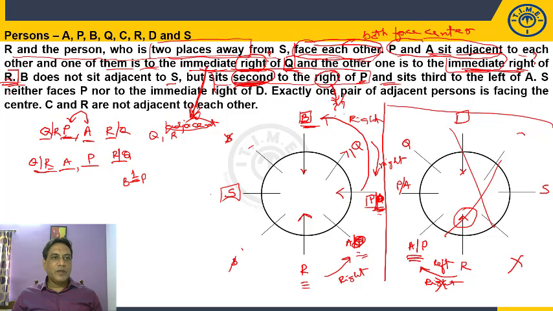And this implies that we are talking about B. B sits third to the left of A. Third to the left of A means, let me erase some of the information which we have already used.